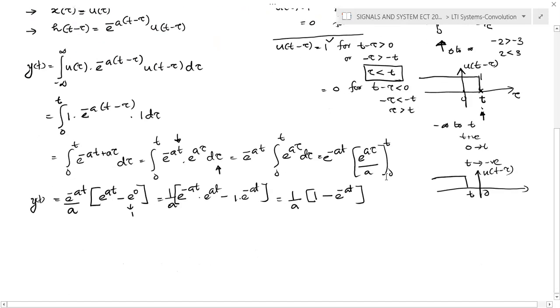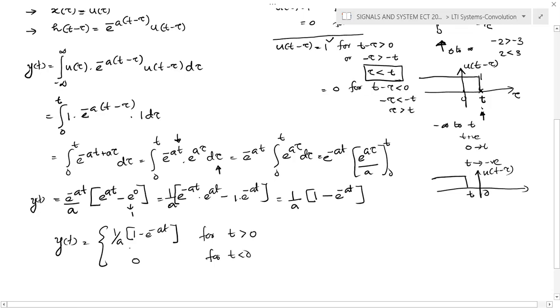So we need to write the final equation like this: y of t is equal to 1 by a times 1 minus e raised to minus at for t greater than 0, and 0 for t less than 0.